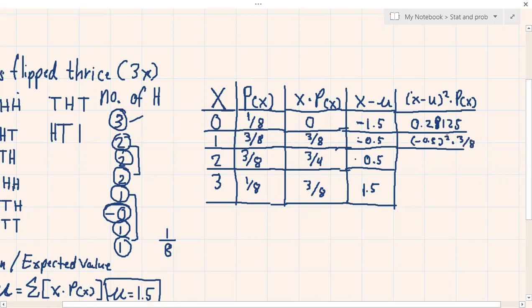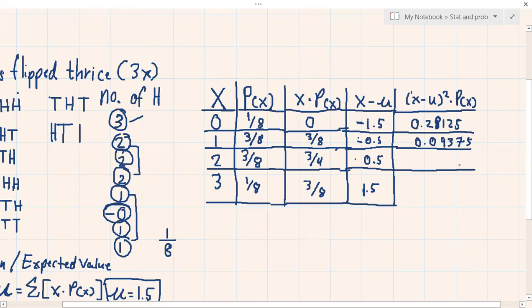So, negative 0.5 squared times 3 all over 8 is 0.09375. Okay? 0.09375. Ay, nabura tuloy. Ayan. Okay na.